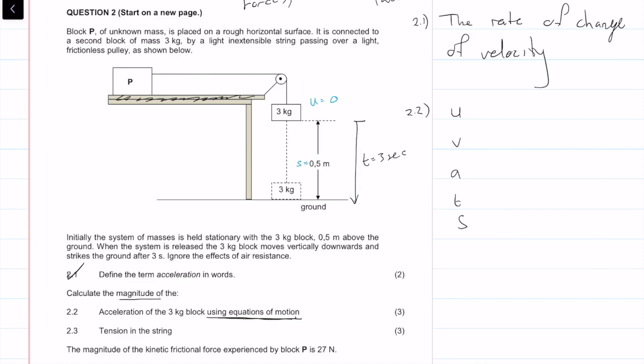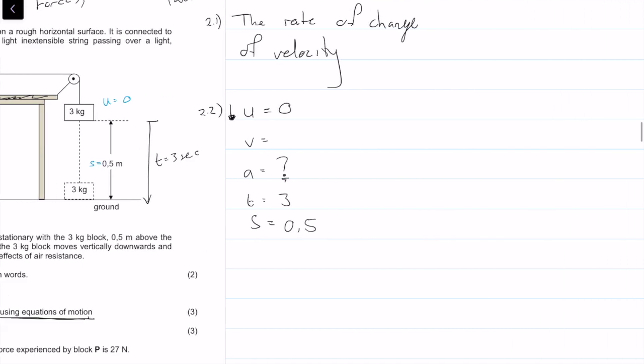Okay, and we're going to take downwards as being positive. Okay, our initial velocity is 0 because it starts from rest. Our final velocity is unknown. The acceleration is what we're looking for. Time is 3 seconds, and our displacement is 0.5 meters. Okay, so what equation can we use? Let's use the equation S is equal to ut plus a half at squared.